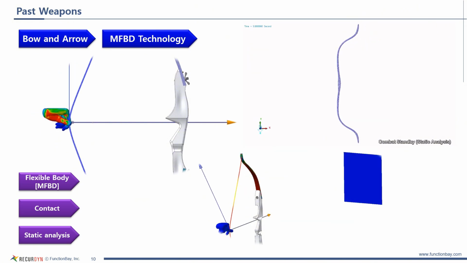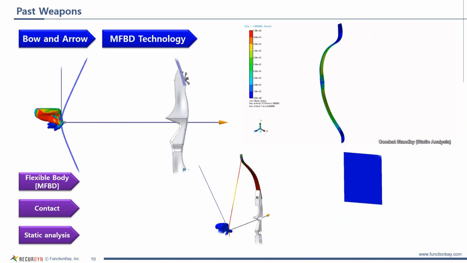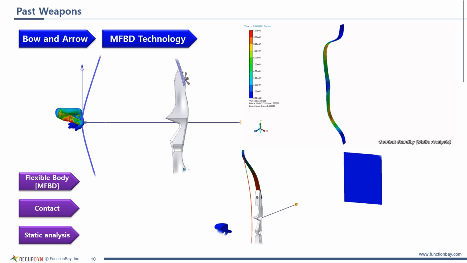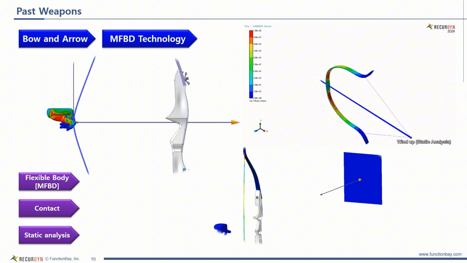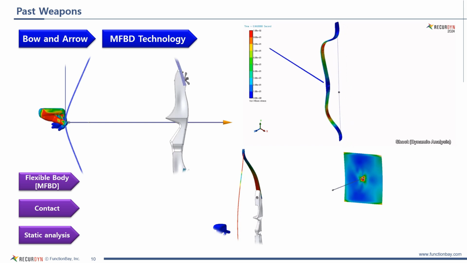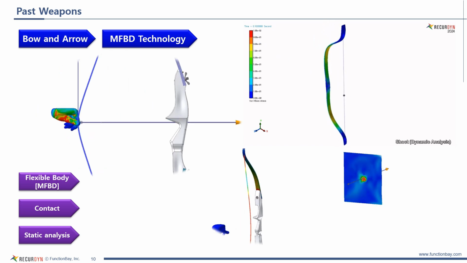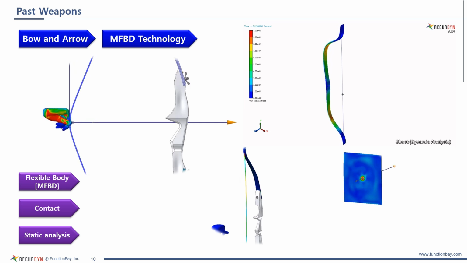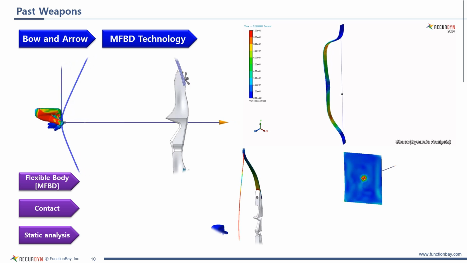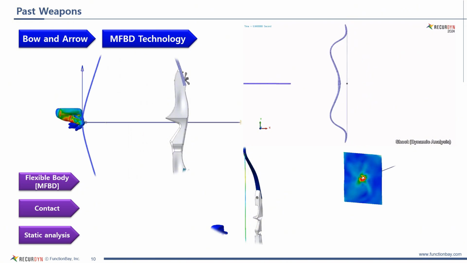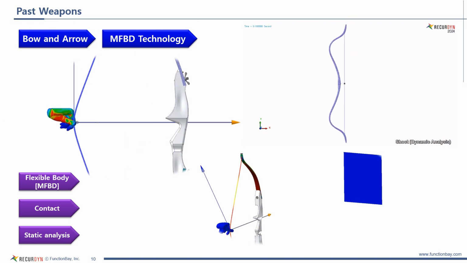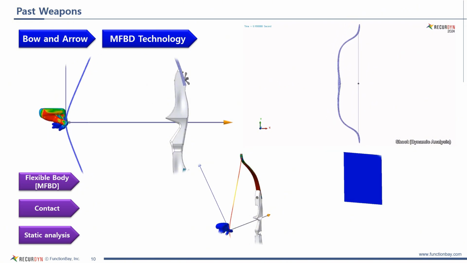The key is to define and analyze the physical properties of the bow and string, which deform under force, as well as the contact point between the hand and the string, and between the arrow and the target. In the top right video, we see the application of a dynamics analysis to a traditional Korean bow.